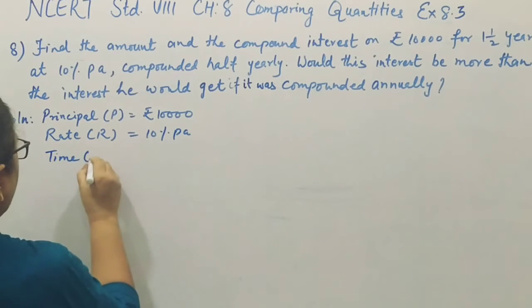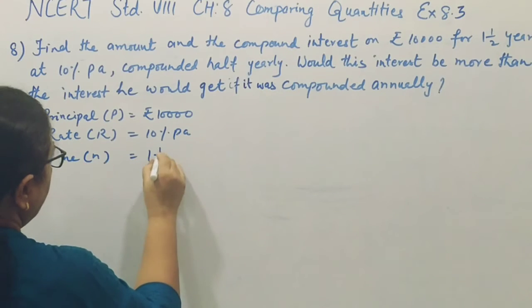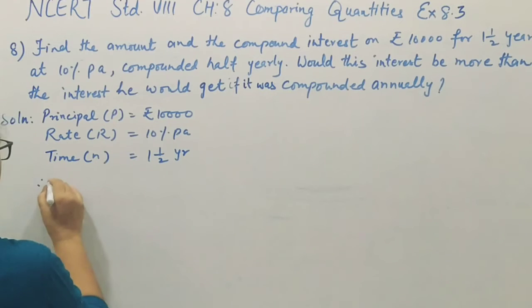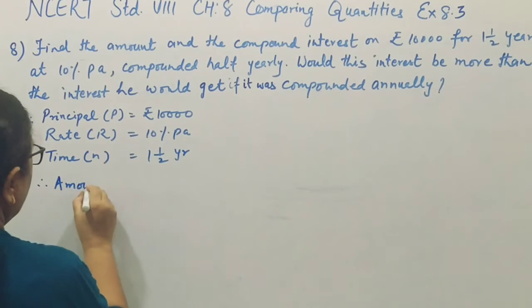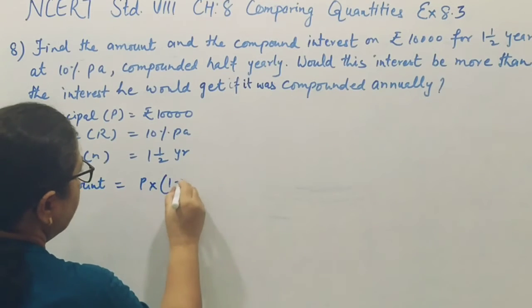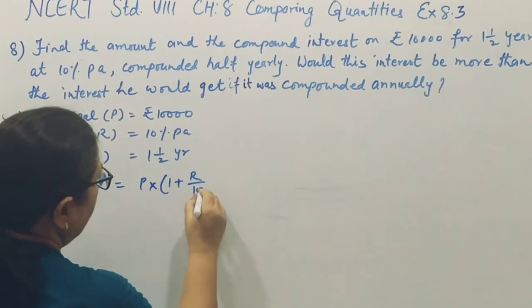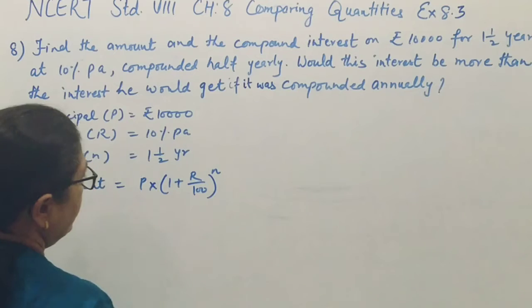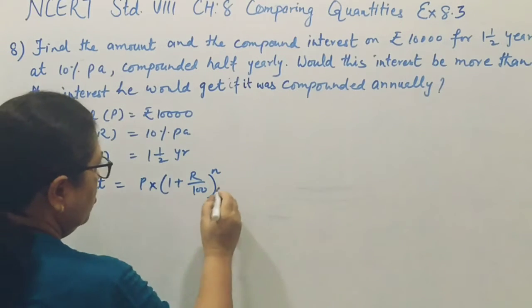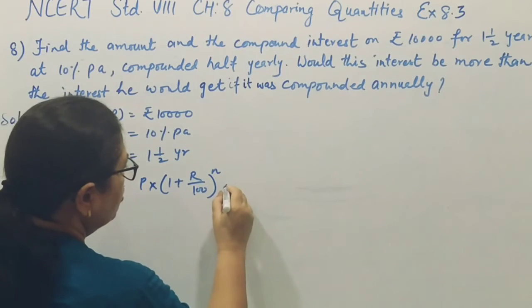Time, 1.5 year. Therefore, amount is equal to P into 1 plus R upon 100 raised to power time. Since the time is in fractional form, so here we will get two brackets.